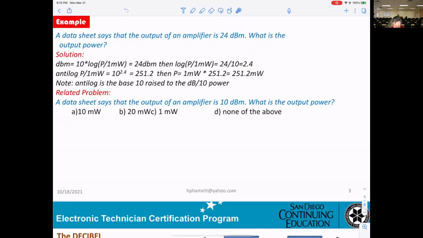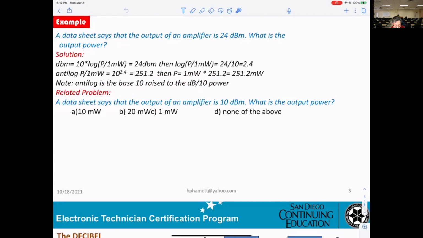So you get 251.2, and that will be calculated. You get P equal 1 milliwatt times 251.2, which is 251.2 milliwatt. Okay, also they can tell you the anti-log is base 10 raised to the dB over 10 power.